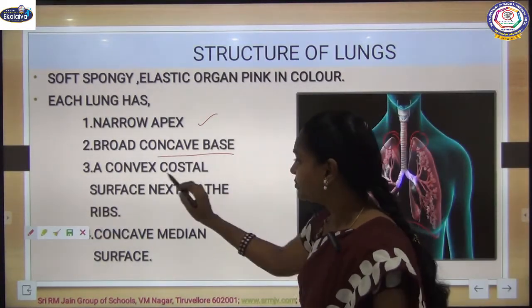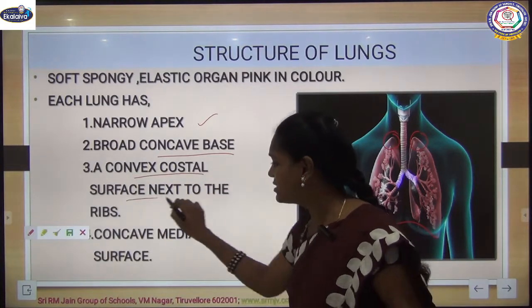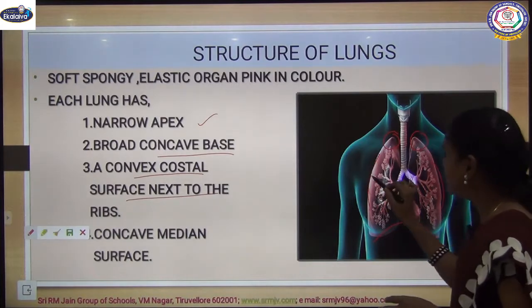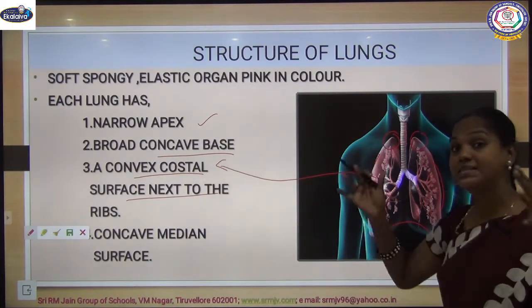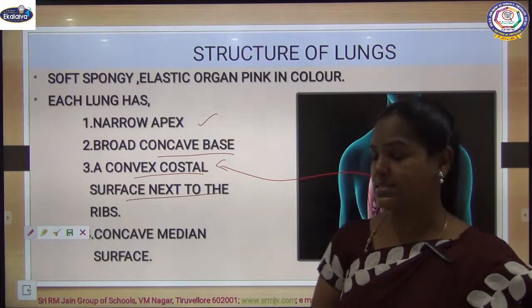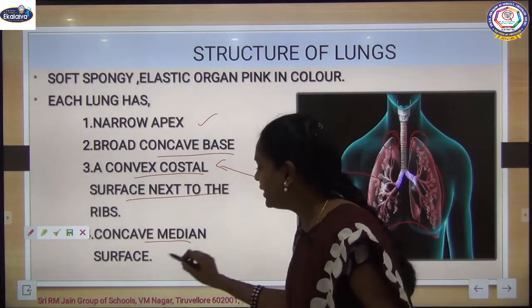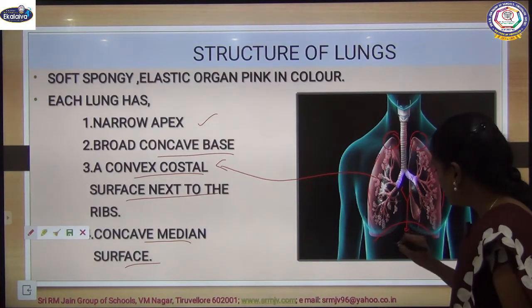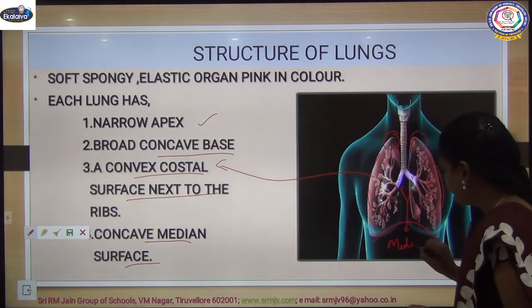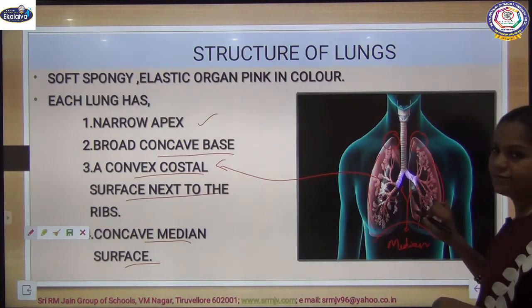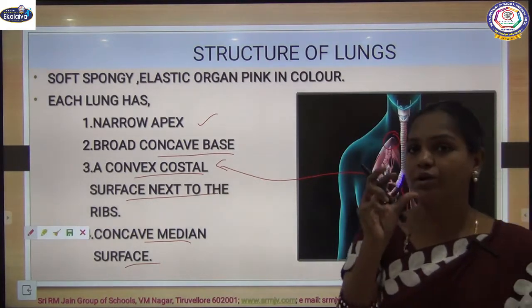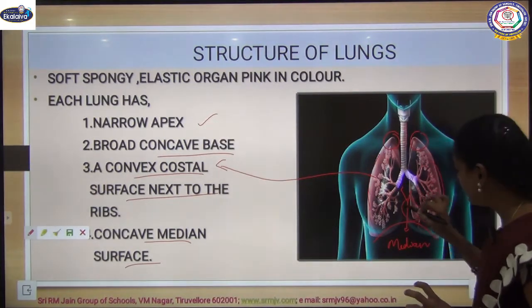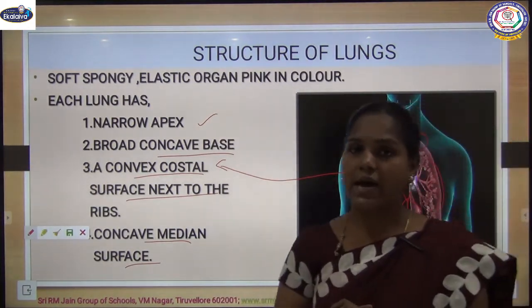Then a convex costal surface next to the ribs, the sides of our lungs. Then a concave median surface, and in this median surface there will be a cardiac notch, to have our heart, okay.